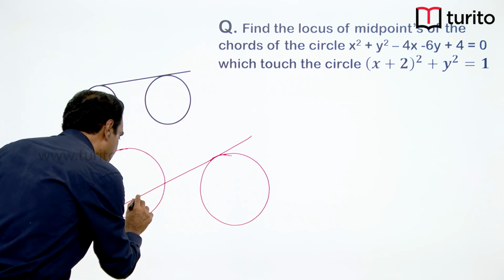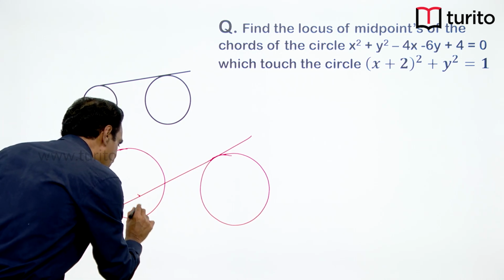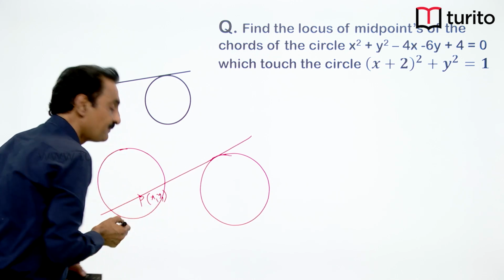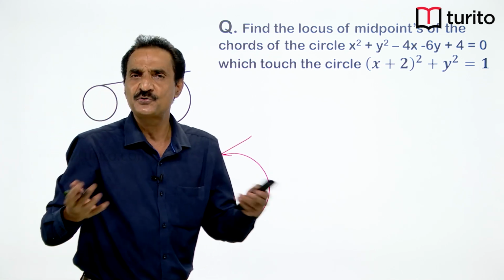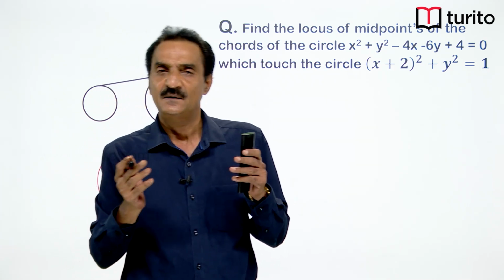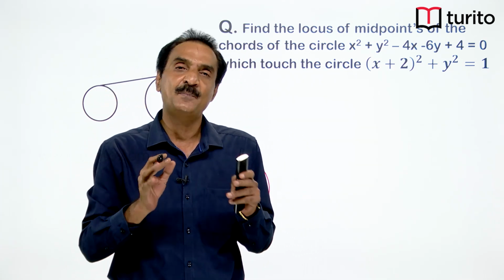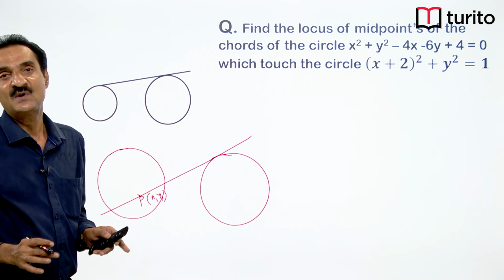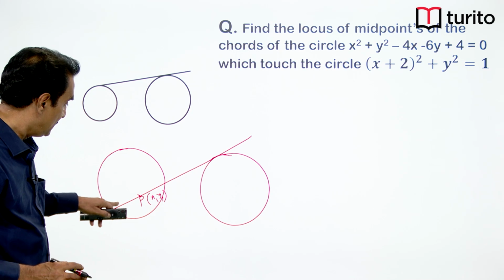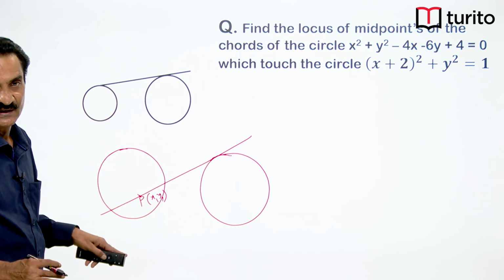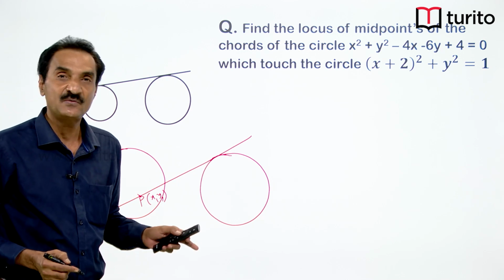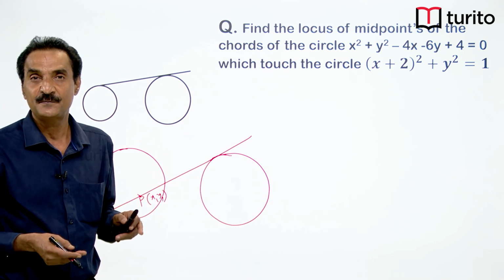Now I will take midpoint of some chord as P(x1, y1). In any locus problem, usually we start with P(x1, y1) as a point on the locus. So I have taken a point P(x1, y1) as midpoint of a chord of this circle. Then what is the equation of the chord?